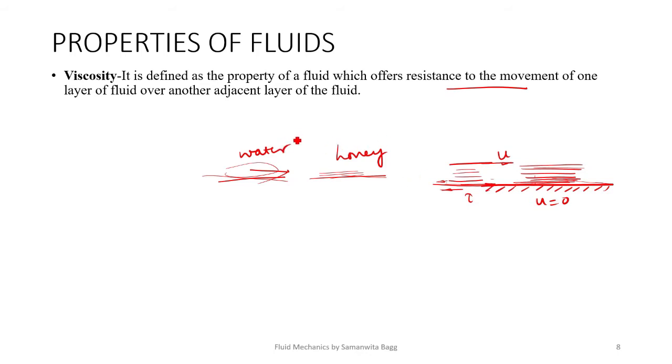But when you talk about honey, the liquid is a little bit more thick. I am not saying dense. Density is different. I am saying it is thick. So it is going to move slowly. So when you talk about viscosity, you should essentially think in terms of the liquid being either thick or thin. So that's the basic definition, and these are some examples of viscosity.